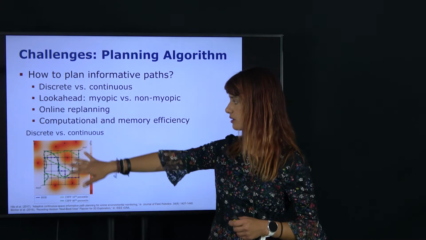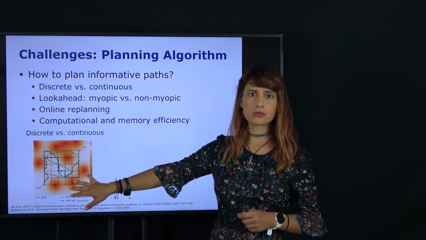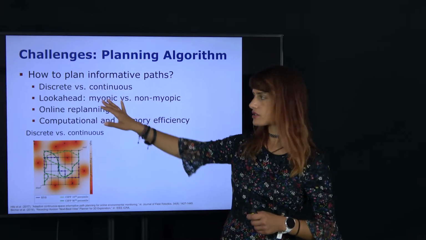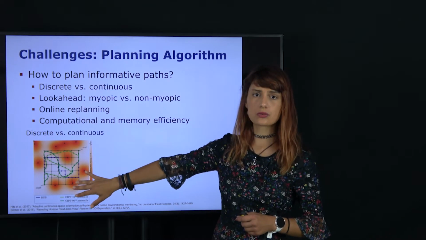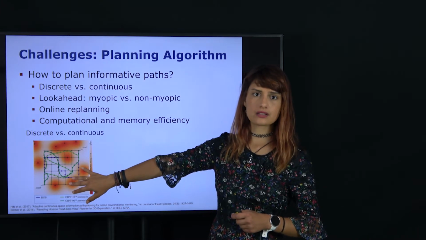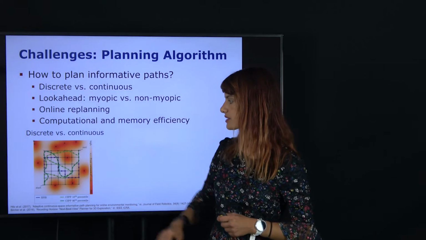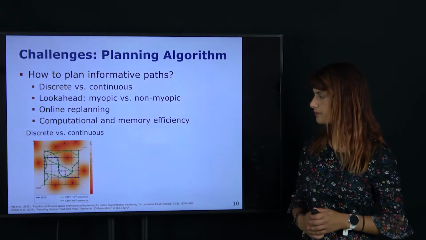And obviously, even if the objective functions were the same for this problem, depending on the type of path parameterization and path representation that we use, we will get significantly different results depending on the requirements of our application.